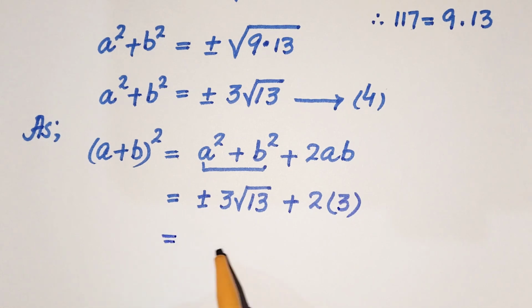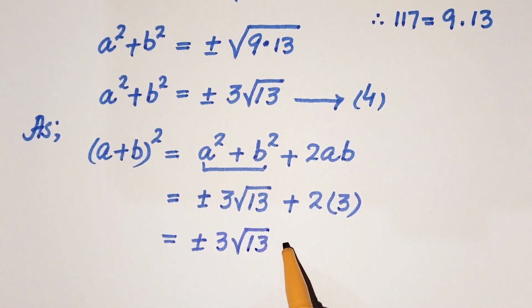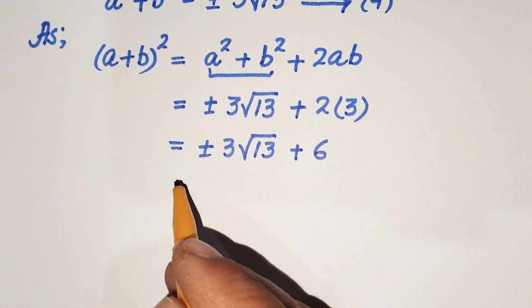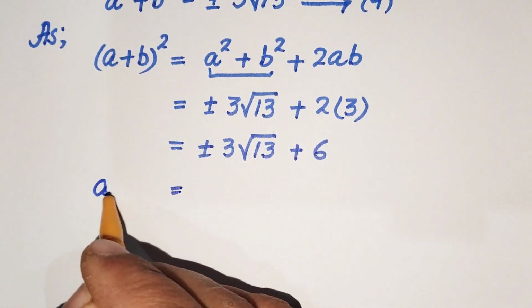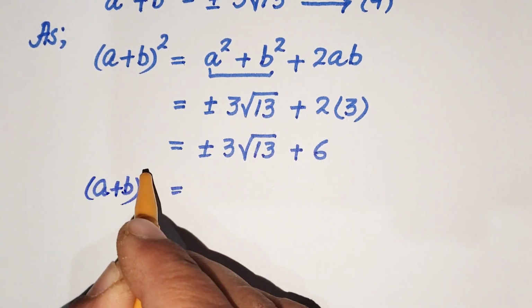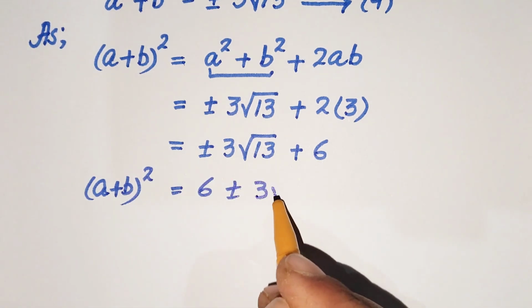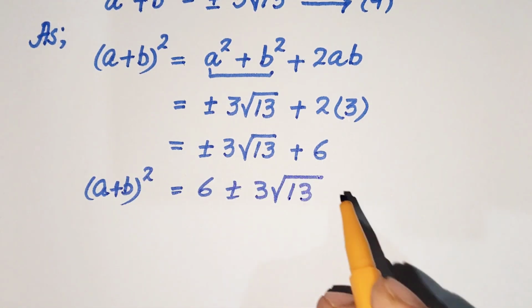So now our next step is plus minus 3 times square root of 13 plus 3 times 2 is 6. So we just write here that the value of a plus b whole squared is equal to 6 plus minus 3 times square root of 13.